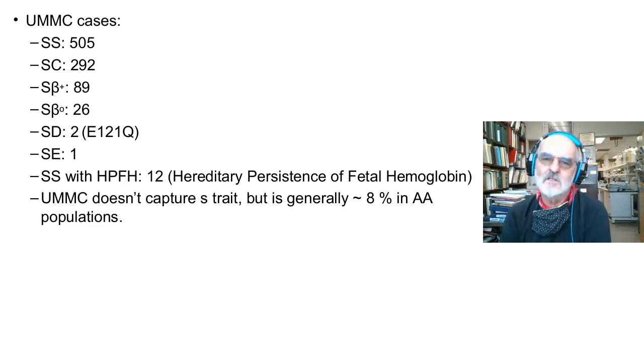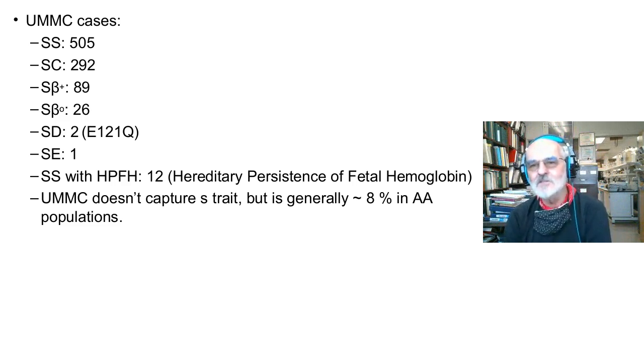There's a large number of hemoglobin S beta plus mutants, and beta plus means a beta thalassemia, but it's a mild beta thalassemia. There are 89 of those patients. And then there are 26 patients who have S beta naught. Beta naught or beta zero is a complete loss of the beta chain. So there's one healthy chain, one normal gene for beta, but it has a processing error.